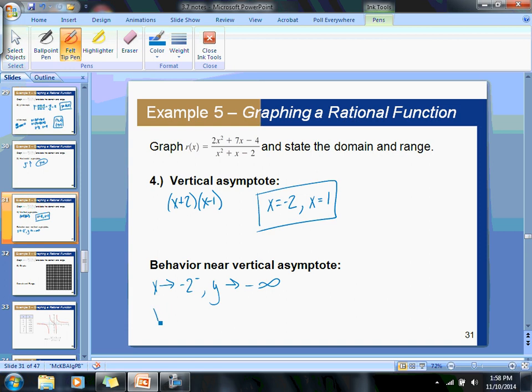Or as x approaches negative 2 from the right, y is going to approach positive infinity. So it's the behavior near those vertical asymptotes. And then the book will also say that as x approaches 1 from the left, y is going to approach negative infinity. And as x approaches 1 from the right, y is going to approach positive infinity.